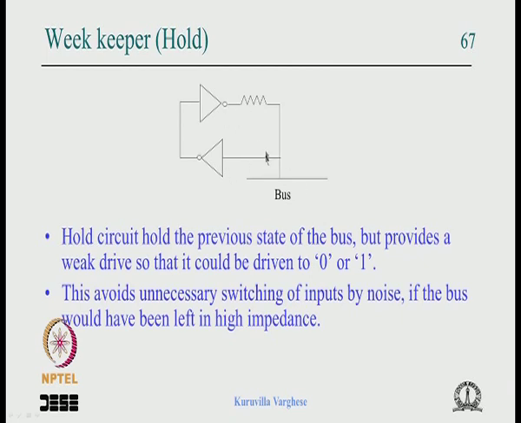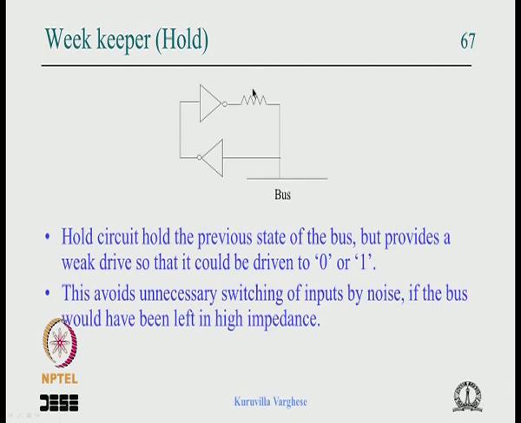But if you put a normal latch, then this inverter will drive that bus very strongly, and if some other output is driving it to 0, and this is driving it 1, there will be a short circuit. So that is why a high resistance is kept here, which will weakly drive the bus and hold on to the previously driven value very weakly.